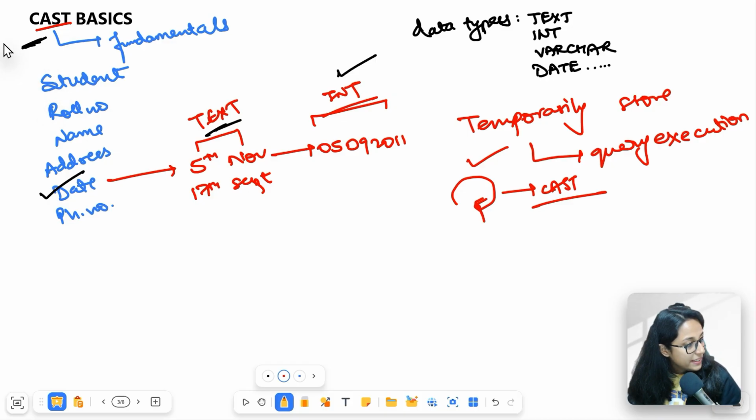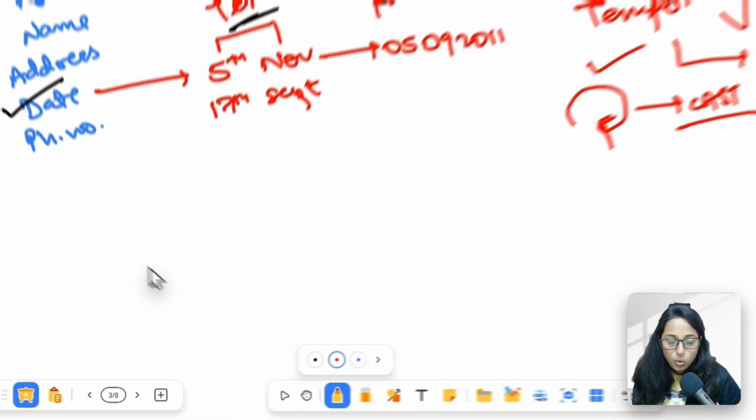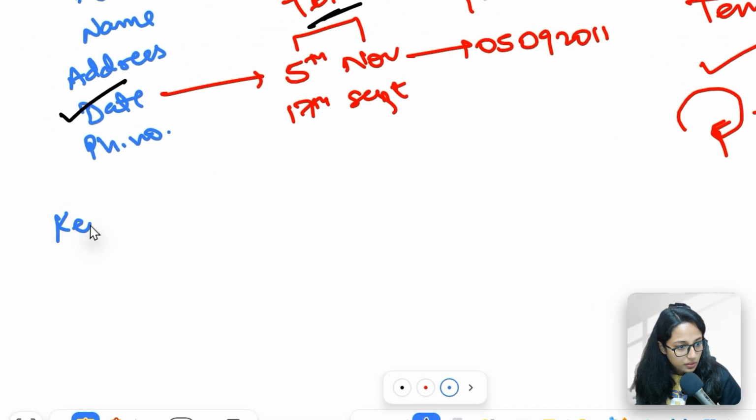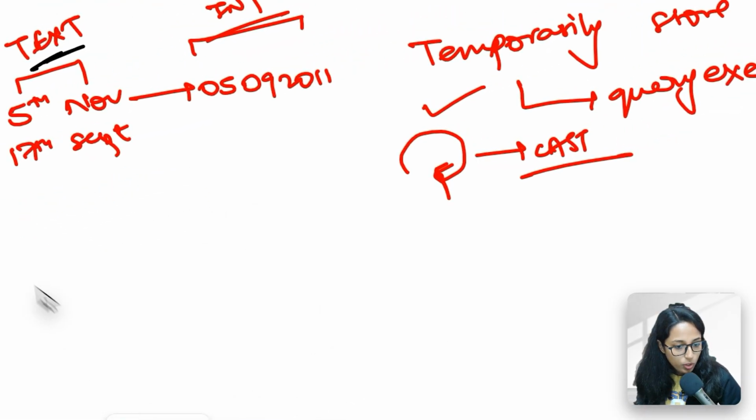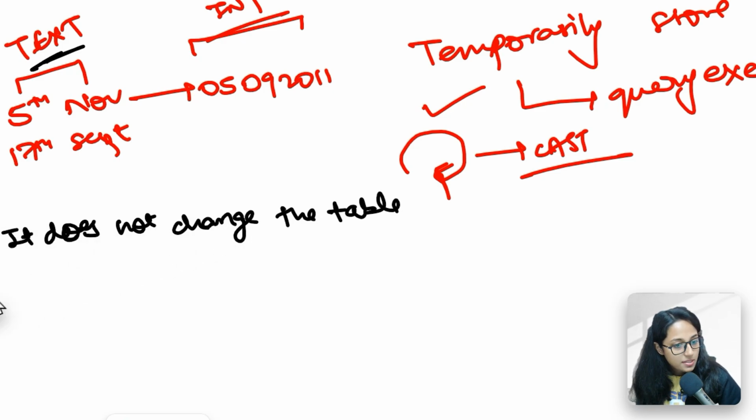Then secondly, we have to make sure some key points about it. So okay, let me note down some key points about my cast. The very first one, what we discussed, is it does not change my table. It enables some functionality. It enables what?